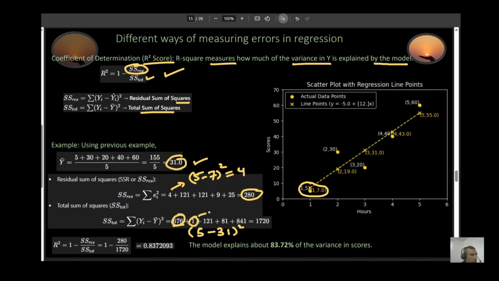I'm just taking my second point, which was 30, minus the mean, 31, and then you square it, and your answer will come out to be 1. Same thing with this and this and this. Okay, substituting this in your R square formula, your answer will come out to be 0.837. So this means that the model explains 83.72% of the variance in scores.